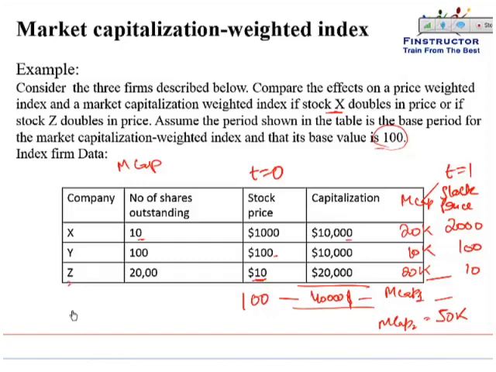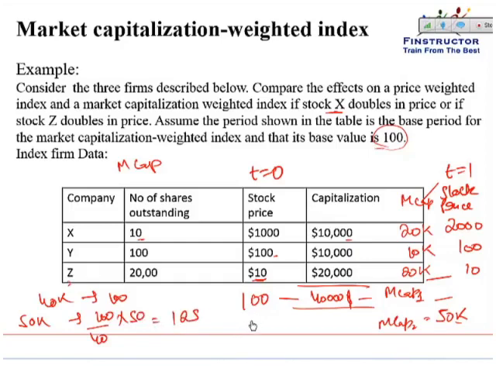Now again, we will reference this value to the base value of 100. We called 40,000 as 100. So what will we call 50,000? It will be 100 upon 40 into 50, that is 125.